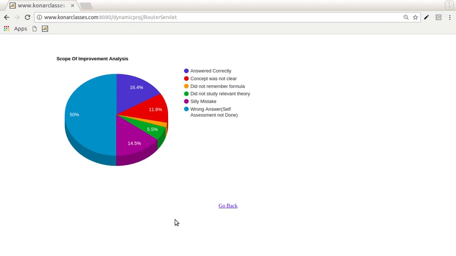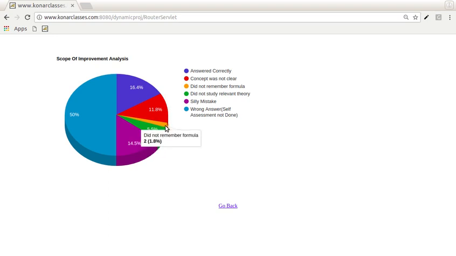This pie chart shows that 16.4% of the time my answer is correct. Meaning after appearing for so many tests, from the questions that came from Cell: The Unit of Life, I answered 16.4% correctly. 11.8% of answers went wrong because my concept was not clear for that particular chapter.